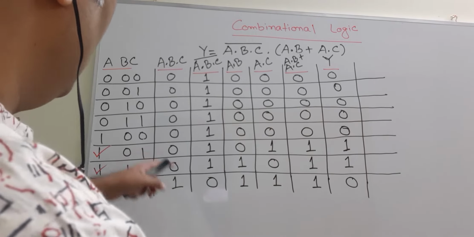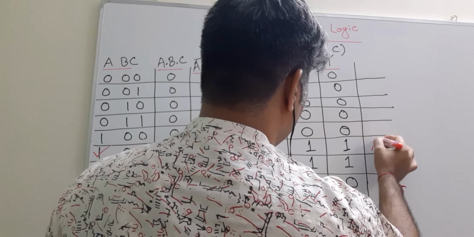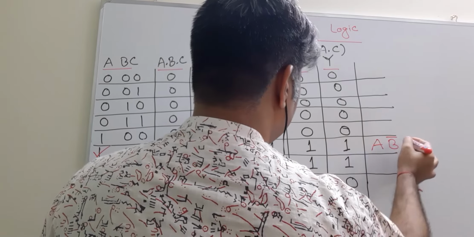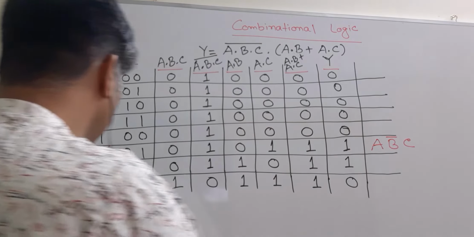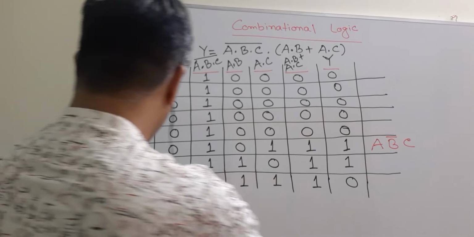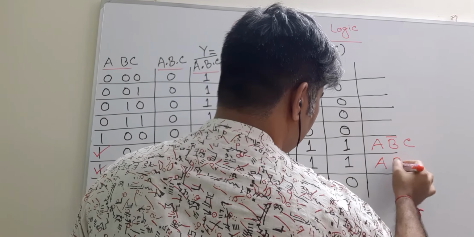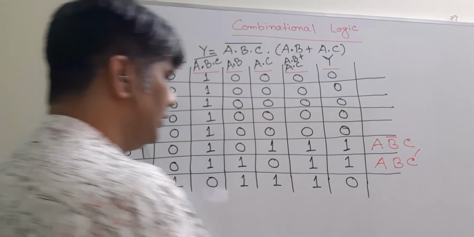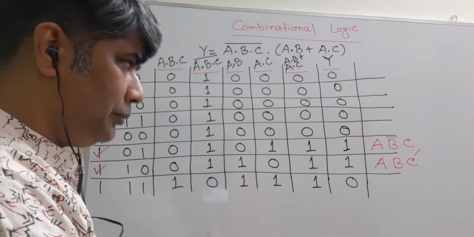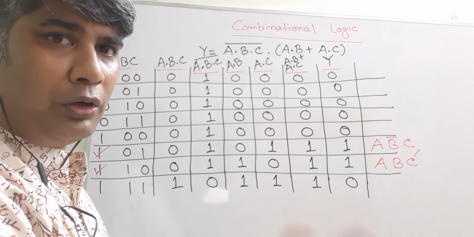So what can we write here? We can write this one as a b prime c, and for this one we can write a b c prime. Now remember that you have learned two things: one is sum of product and the other one is product of sum.